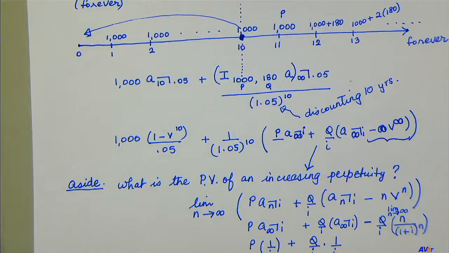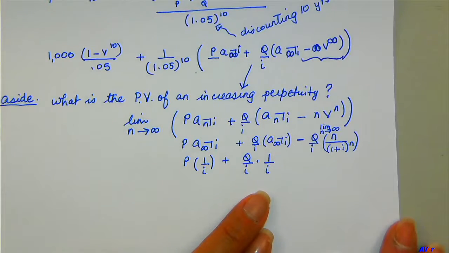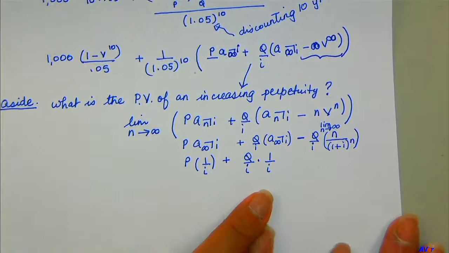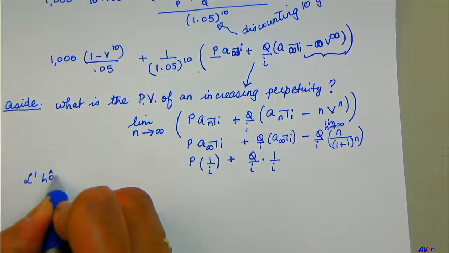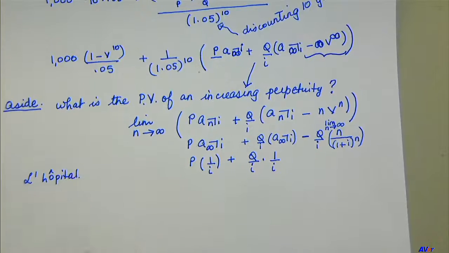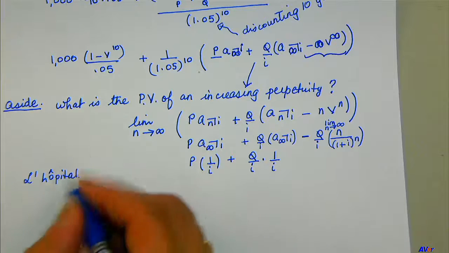So for that I need to do L'Hopital because I have an infinity over infinity situation. Follow me? So L'Hopital. So let's take the derivative of the top and the derivative of the bottom because I have an infinity over infinity situation.